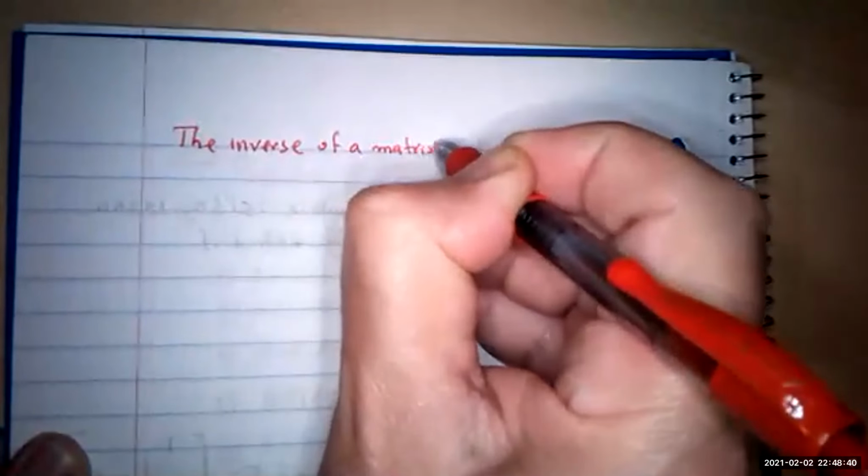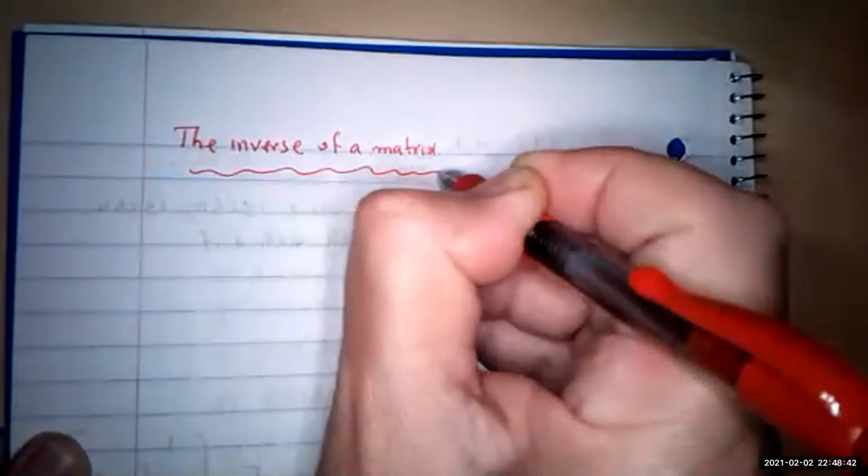Remember, if you have a number and its reciprocal, the product of the number and its reciprocal is equal to 1. The reciprocal of 2 is 1/2, and 2 times 1/2 is 1. So we are going to define a similar one for a matrix, where we replace the 1 by the identity matrix.